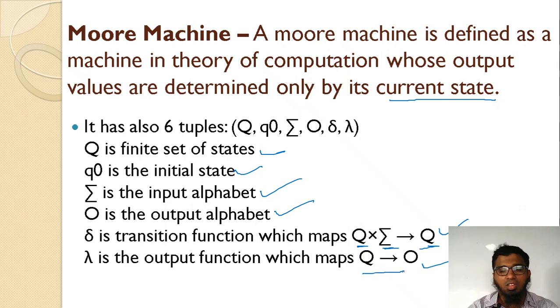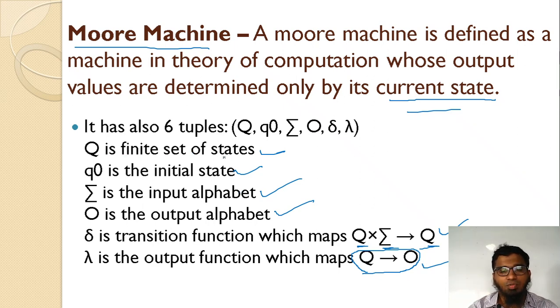Clear? So this is a simple difference between the Mealy and Moore. In Mealy it will take the current state as well as the current input, but in the Moore machine it will take only the current state. So these are the 6 tuples.